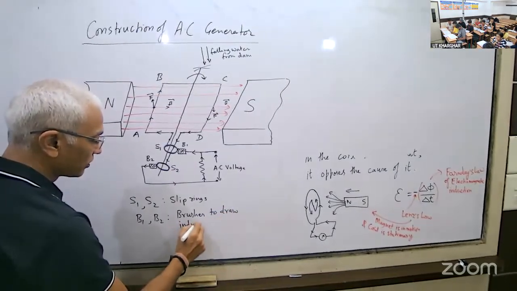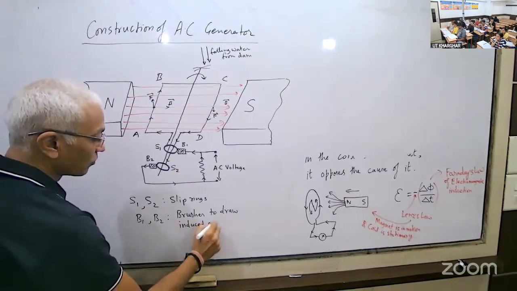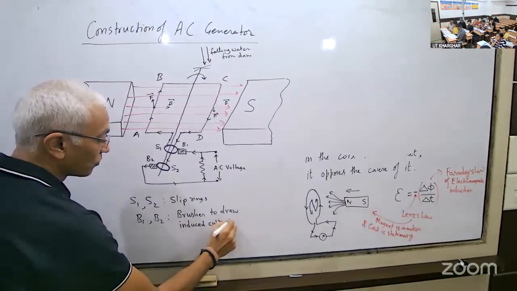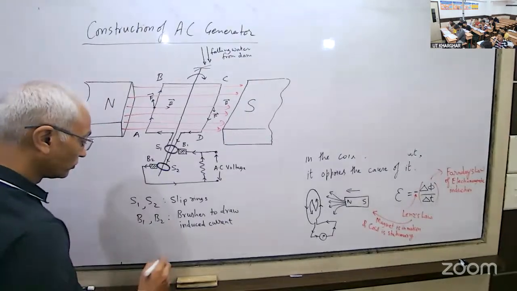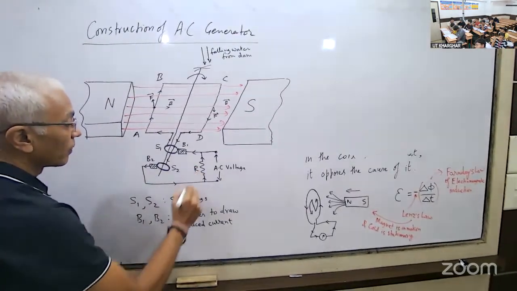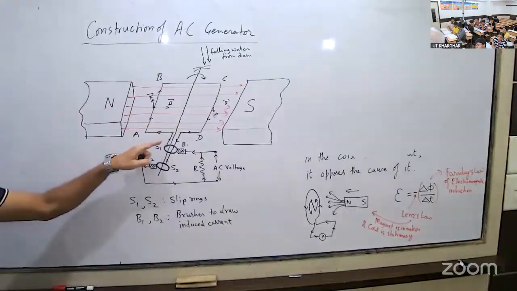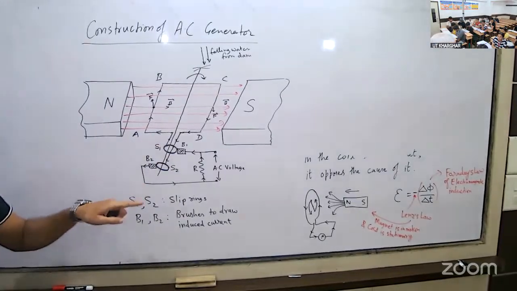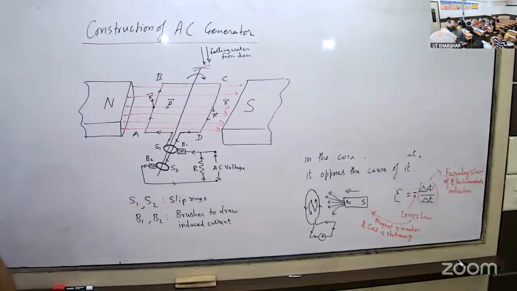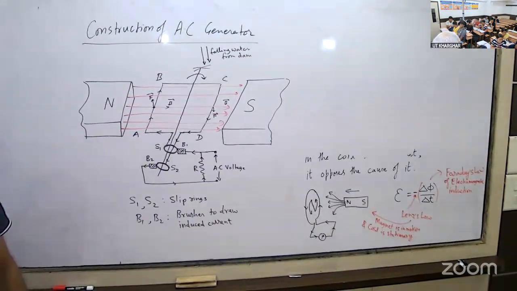Use that. Slip ring or split ring? Slip ring. These two are slip rings. This is DC motor. This is AC. This is AC.